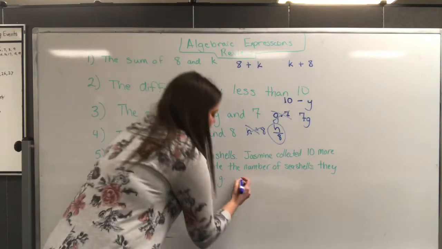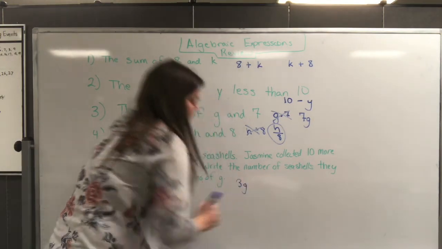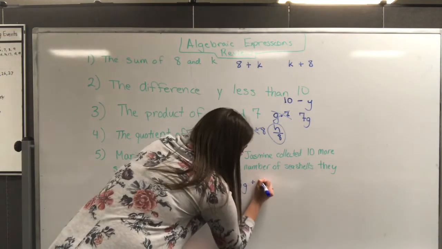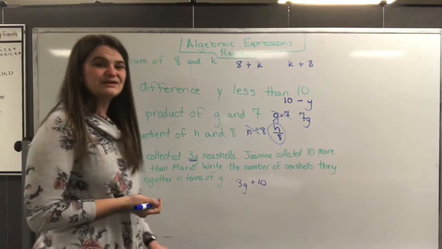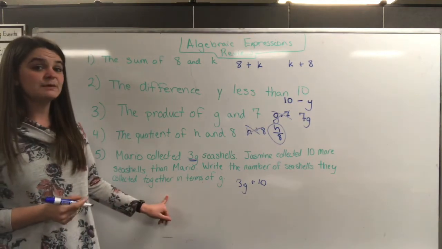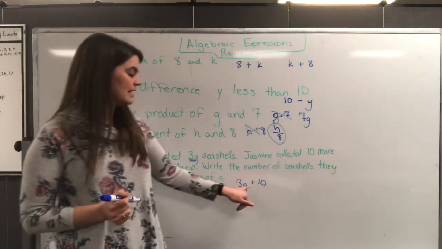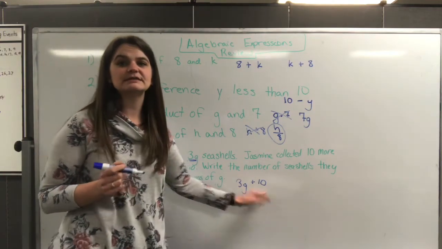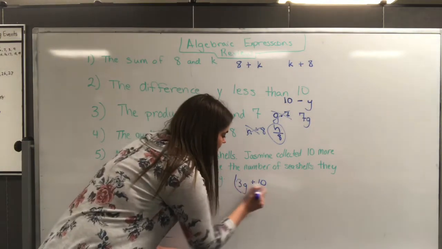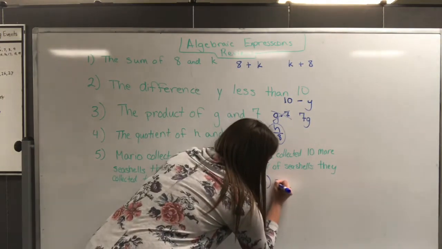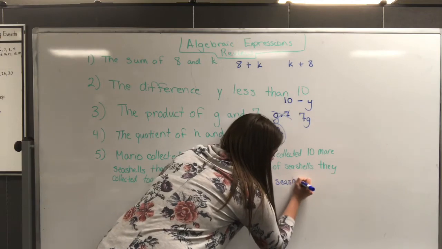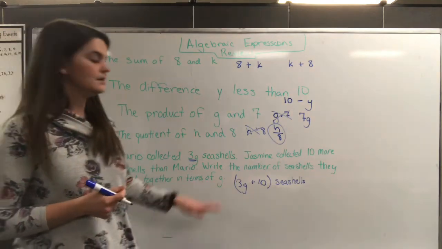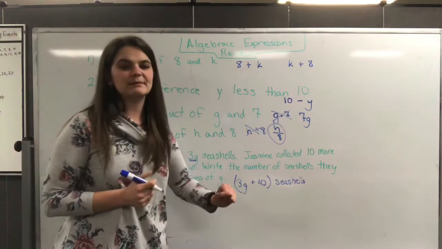So we're going to start with 3g, and then she did 10 more, so we're going to say 3g plus 10. Now, do we have a label in this story problem? We do, and that's seashells. Now remember, we have an addition problem in here, but both 3g and 10 are going to be labeled seashells. So we're going to put that in parentheses all together and label it seashells. Okay, so that is how we can put all of these things together and then label them seashells.